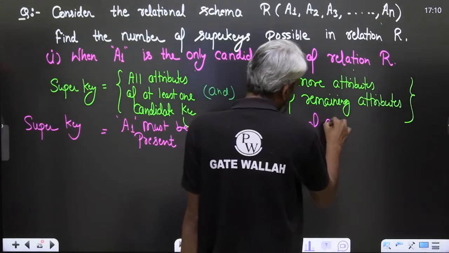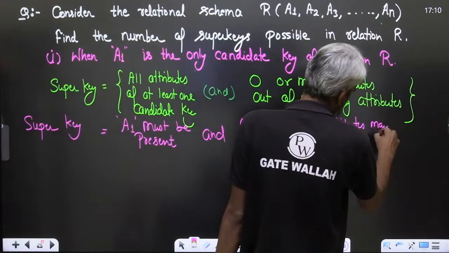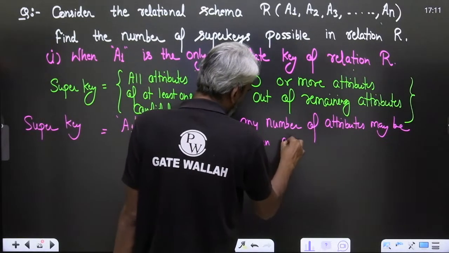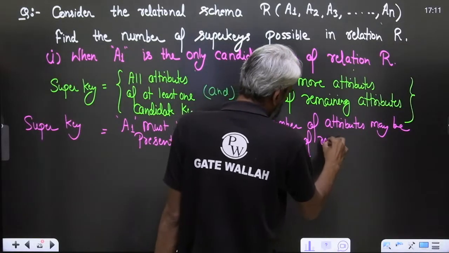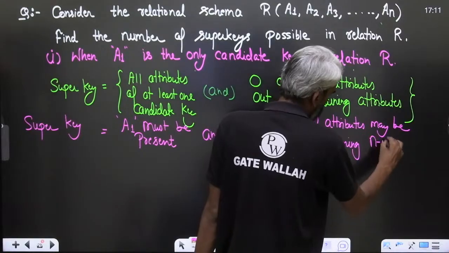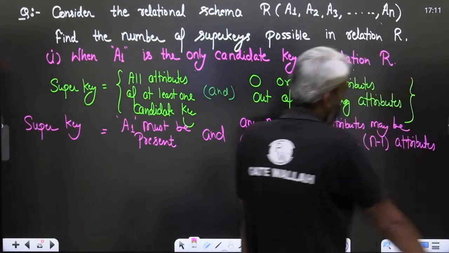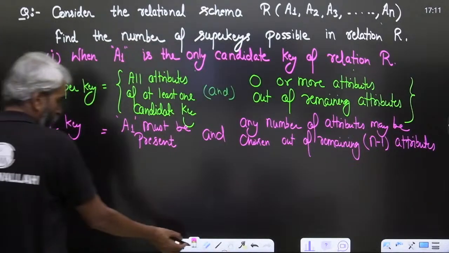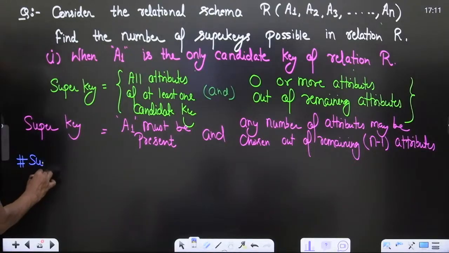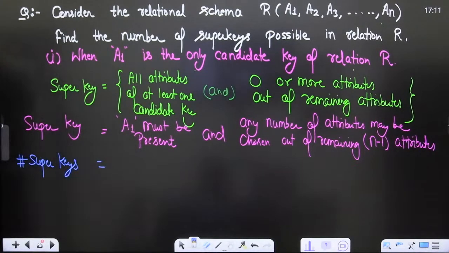So A1 must be present, and any number of attributes may be chosen out of the remaining n minus 1 attributes. If I ask you for the number of super keys, in how many ways can A1 be chosen?